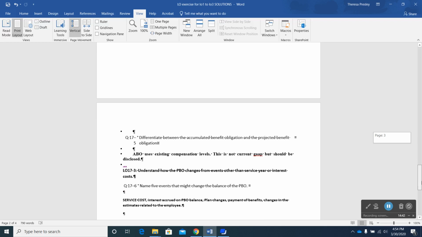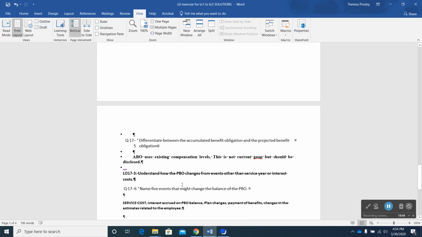Now, the last bit of this is discussing the difference between ABO and PBO, and ABO uses existing compensation levels. So the 1.25% times service years is taken, then times their current compensation level.